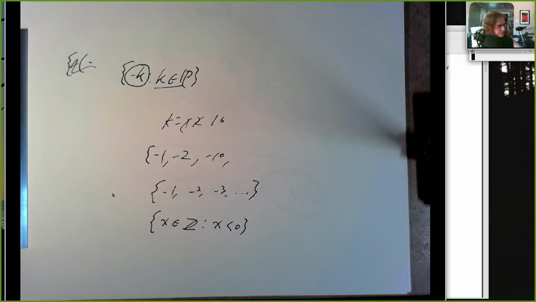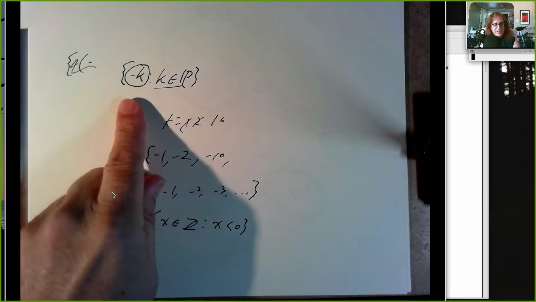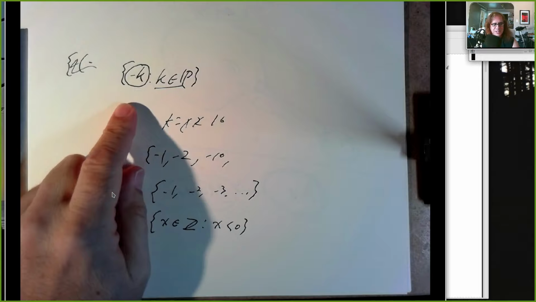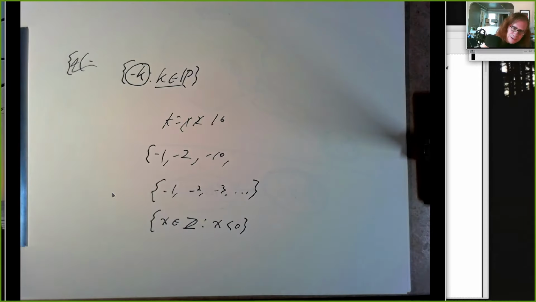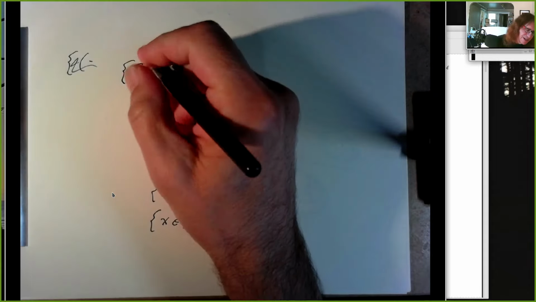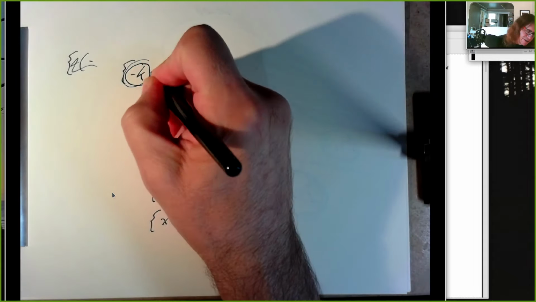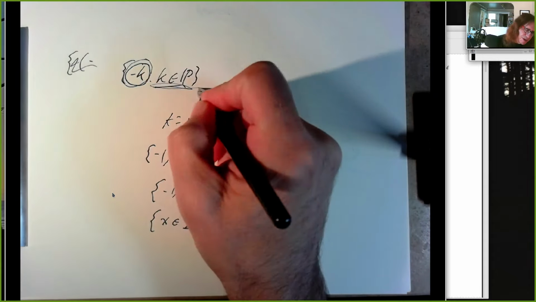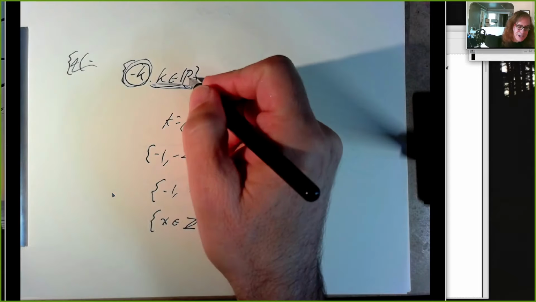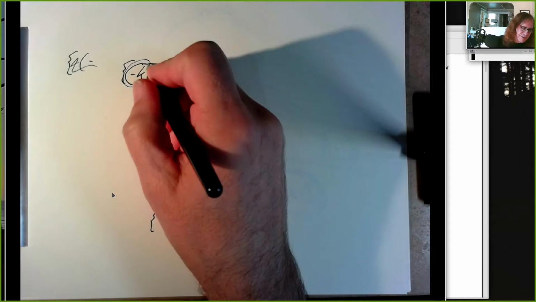And that also works. A few people thought that this was the empty set because there are no elements in P which are negative, but that's not the right way to think about this. Think of it as the set consisting of all of these things which satisfy this property. There are k's that are contained in P, and for any of those, the negative k is in our set.